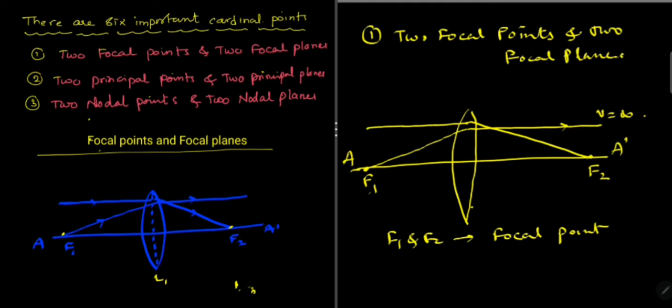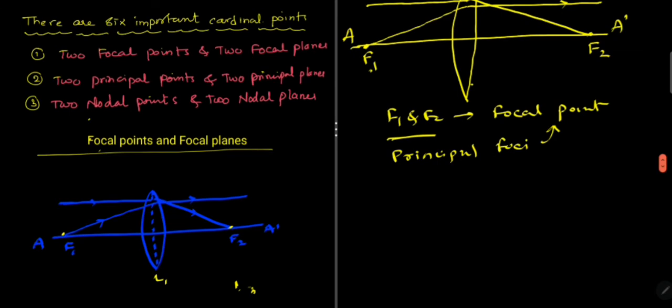These 2 points F1 and F2 are called principal foci, or focal points.